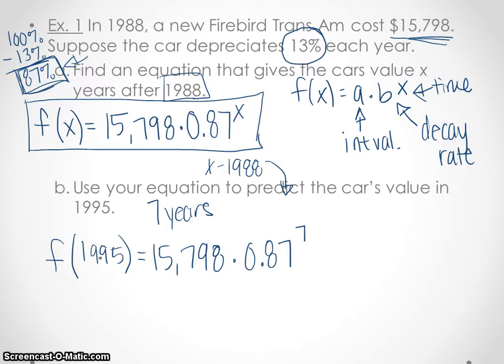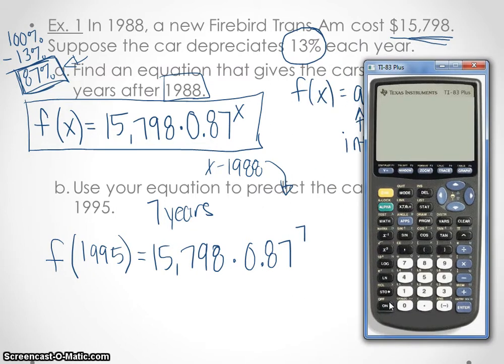So f of 1995 gives us 7 years past 1988. Then I could just grab my calculator here. Please make sure you grab yours too, and figure out what I get. I like doing it separately, so 0.87 to the 7th power, and then we multiply it by the original price, $15,798.